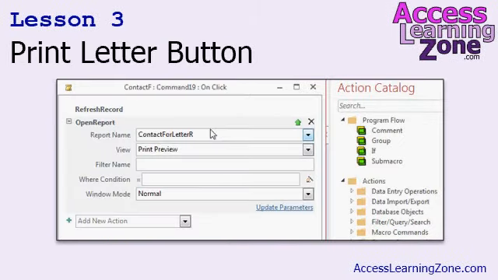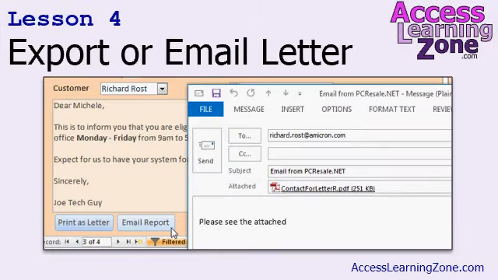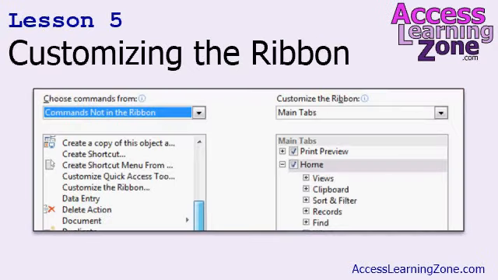In Lesson 3, we're going to make a command button to print our letter out, and we're going to learn how to edit embedded macros to refresh the letter before the report opens. In Lesson 4, we're going to learn how to export our letter in several different formats, or email the letter using Microsoft Outlook. In Lesson 5, we're going to take a few minutes and learn how to customize the ribbon.